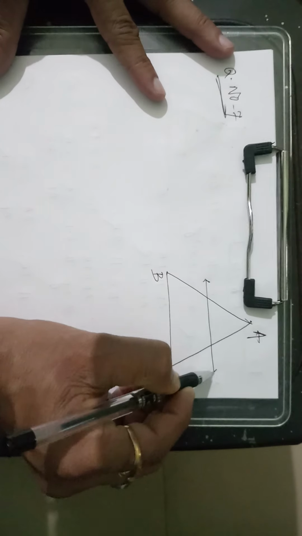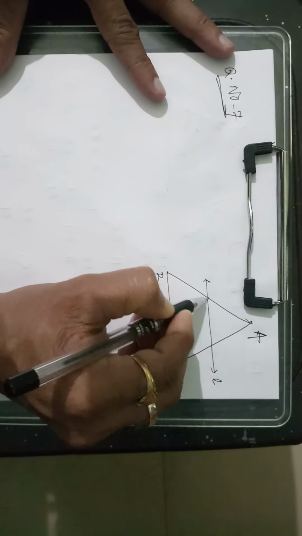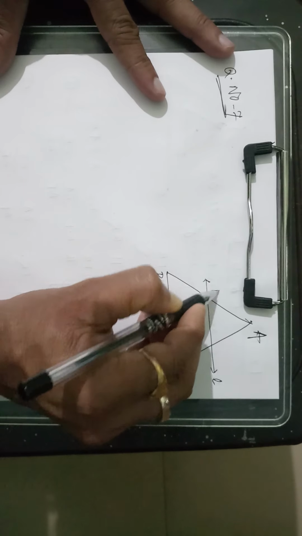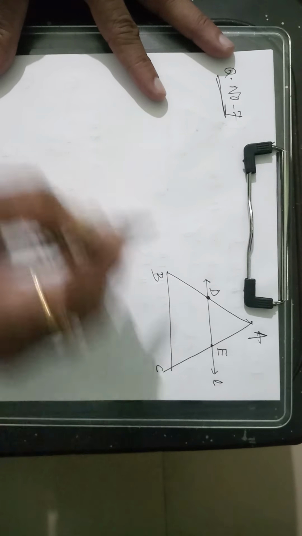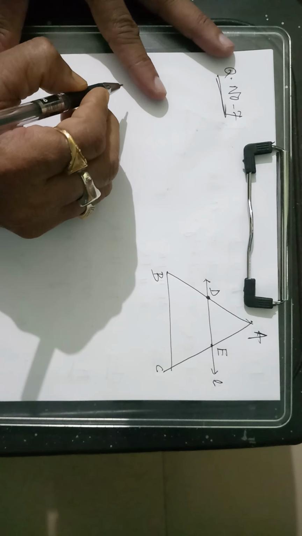Suppose this line L is parallel to BC and it passes through the midpoint of AB. Suppose the points are D and E.